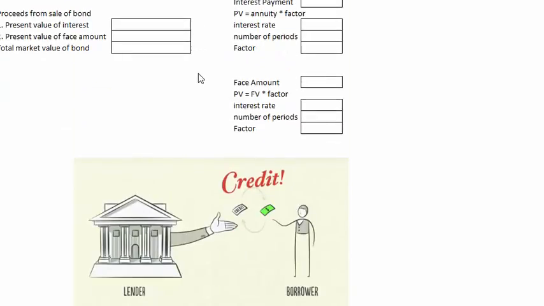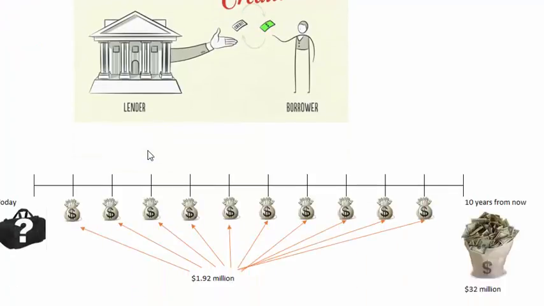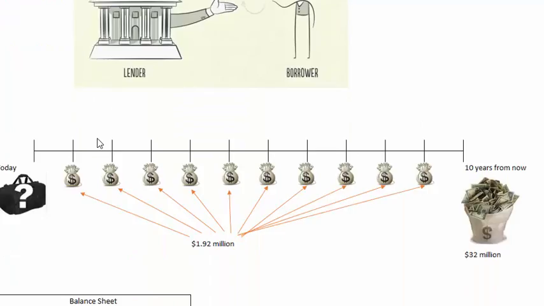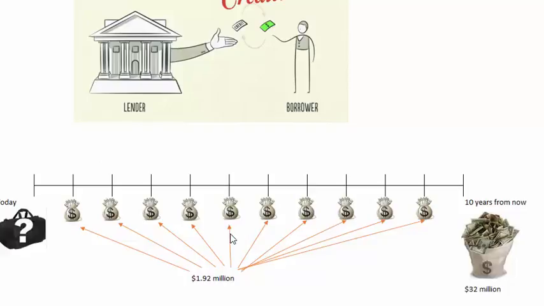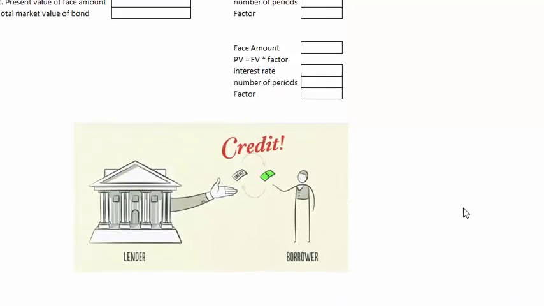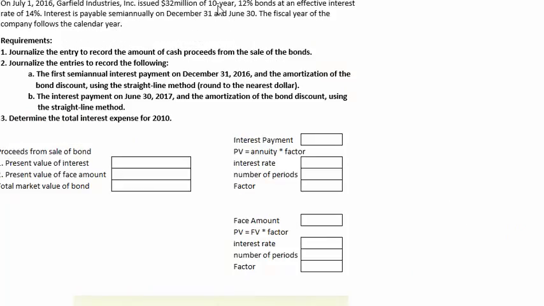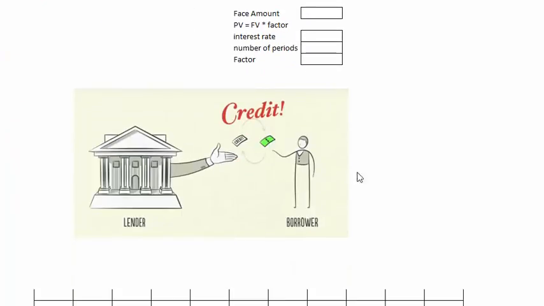When you think about that contract, we can state it in terms of cash flows, a series of cash flows that happen, and I've done that down here for us. I don't have the right number of payment periods here, but at the end of the bond, the maturity date, which is 10 years from now because it's a 10-year bond, the borrower, the bond issuer, has to repay $32 million.